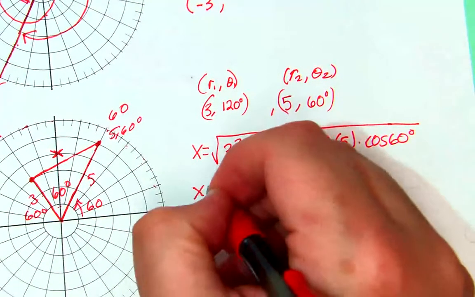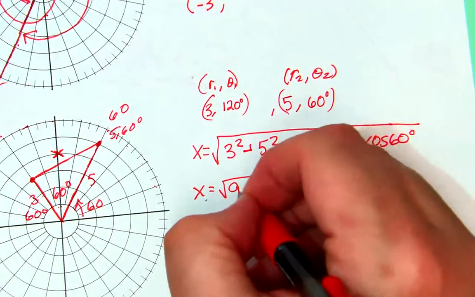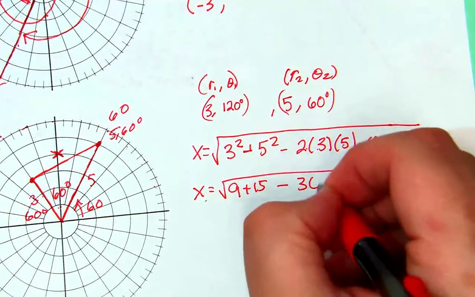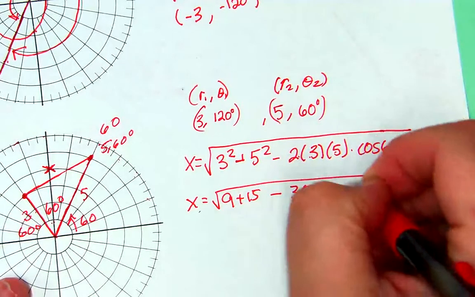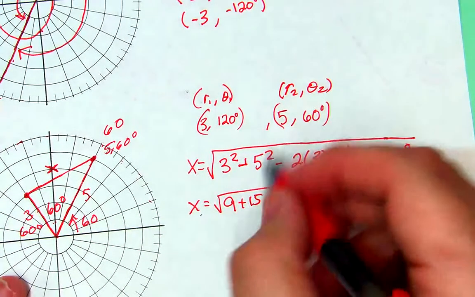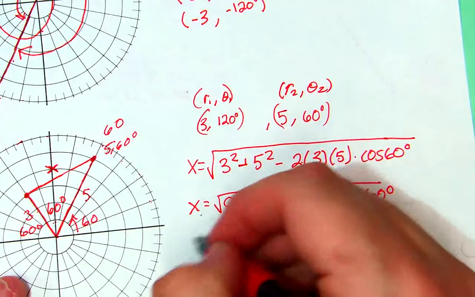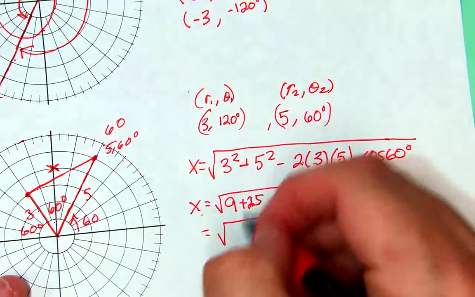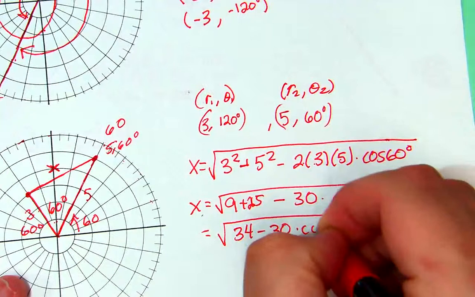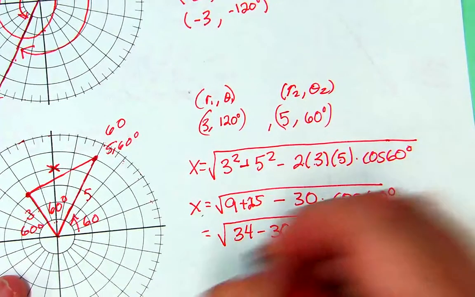So x would be equal to 9 plus 15 minus 630 times the cosine of 60 degrees. Actually, that's 25. Remember, early in the morning. So that's 34 minus 30 times the cosine of 60 degrees.